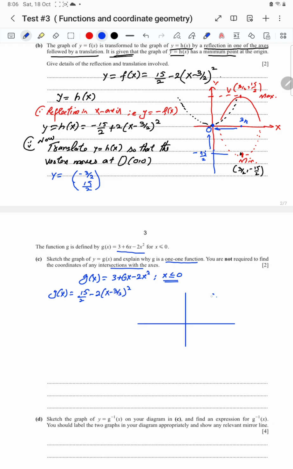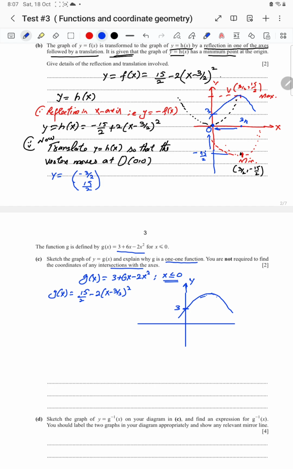So the vertex will be here, suppose, and it will cross like this. And here is the point 3, because this is the y-intercept in this case, right? Generally, if you draw the same here, the curve will be like this. This will be 3, and the same you can go with this. Anyhow, that is not as important, because the sketch is going to be asked for part C, and it is going to be a rough sketch as well.